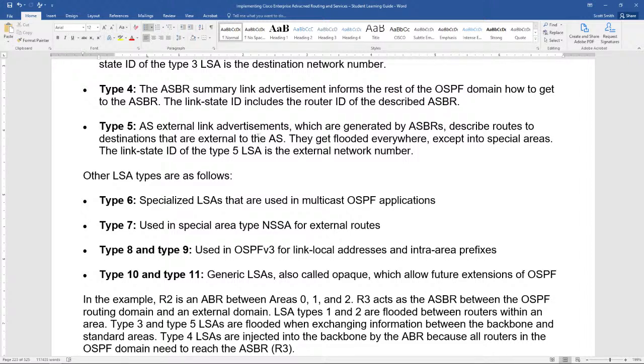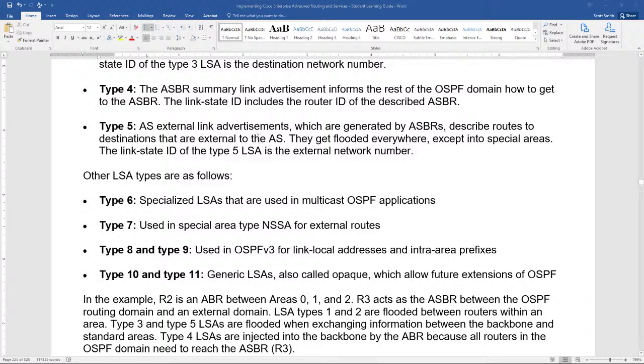This gets a little confusing because, unless you see this visually, which we will, it really is difficult to understand. Type 4 LSAs only exist if you have an ASBR. An ASBR is an external router that redistributes routing information from another routing process into OSPF. That ASBR can be attached anywhere.